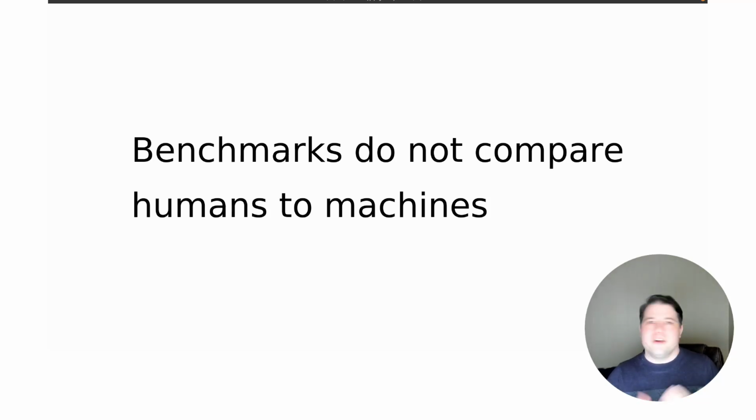And so, for example, it is meaningless to take something like a bar exam and then give it to an LLM and then compare the scores A to B. We've had LLMs that could do well in a bar exam for almost 2 years now, let's say, and we understand perfectly well they can still not practice law because you cannot compare scores human to machine on a benchmark. It's an interesting data point, but even on something that's more practical, like a SWE-bench, I urge extreme caution comparing A to B.